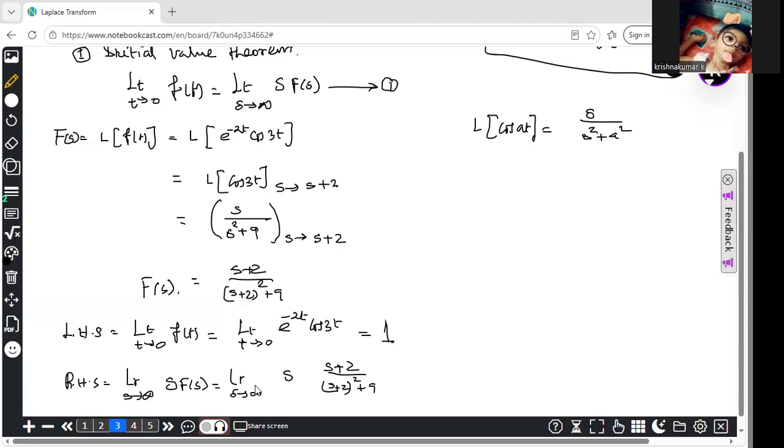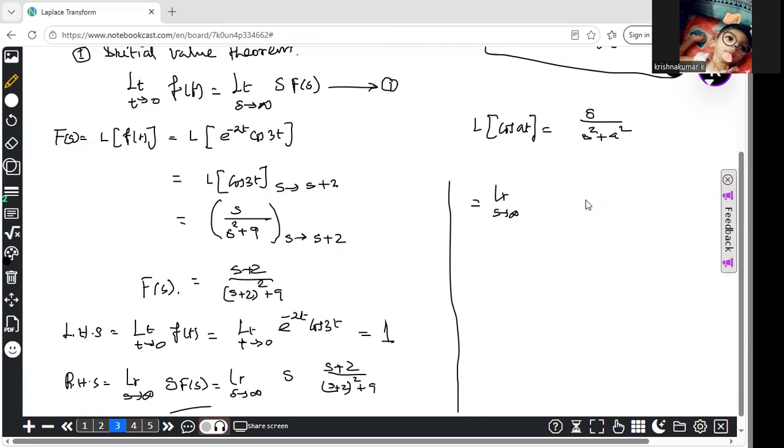So first you simplify this expression, then you take the limit. That is important. Without simplifying this, if you take the limit, then this will give us infinity. So here I'm going to take the limit as s tends to infinity.